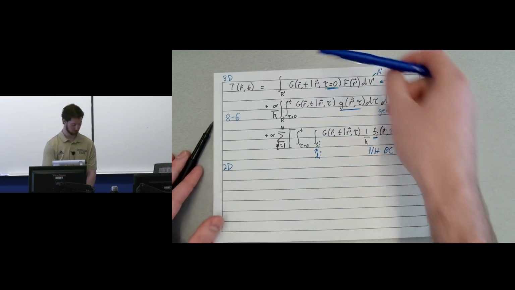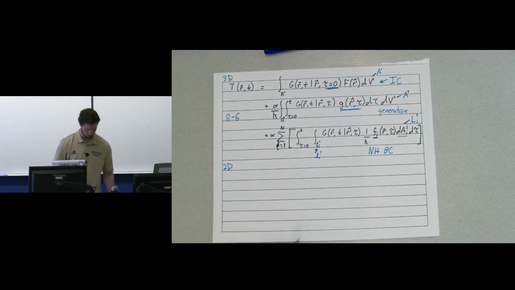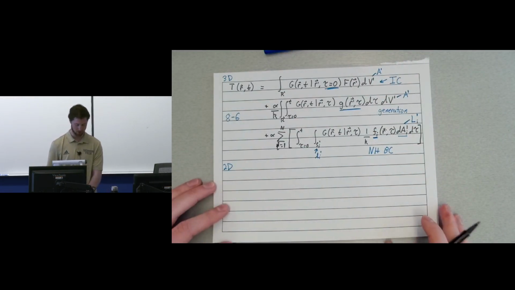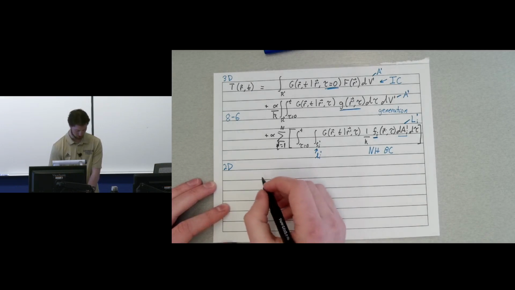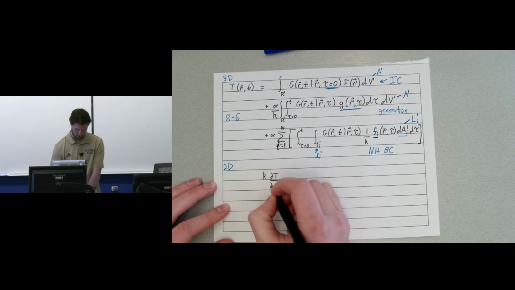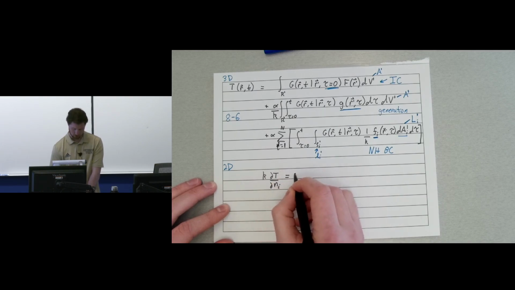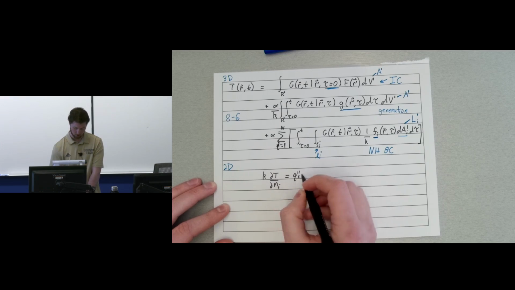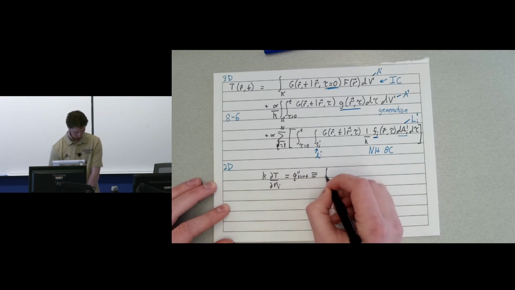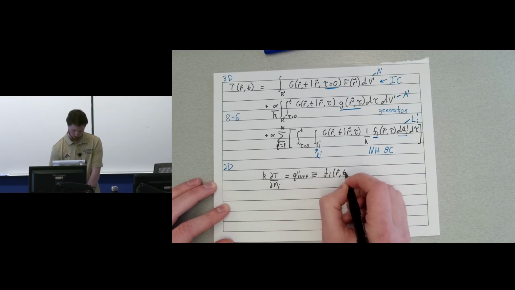Make sense? We're also going to have to deal with our non-homogeneous boundary conditions. As before, we had K times our differential of temperature with respect to the norm equal to some surface heat flux, defined as f_i of r and t.